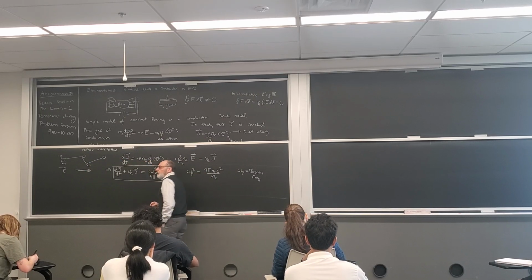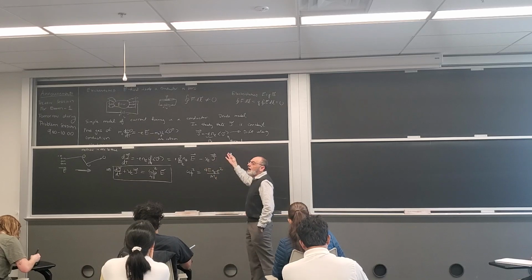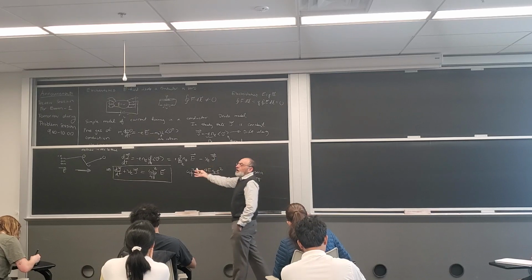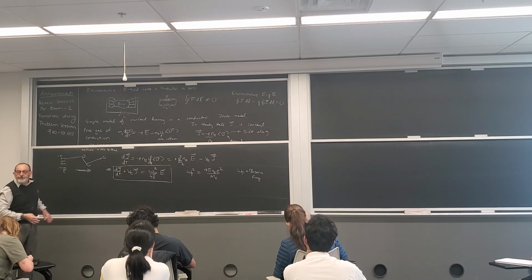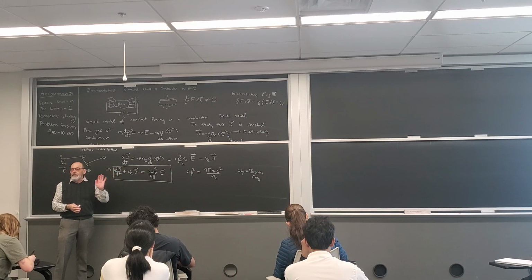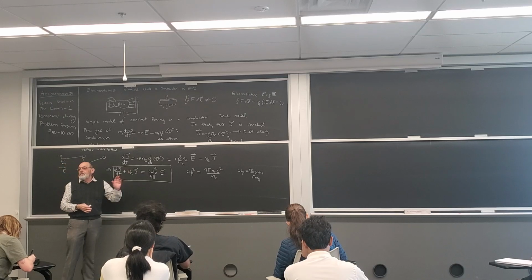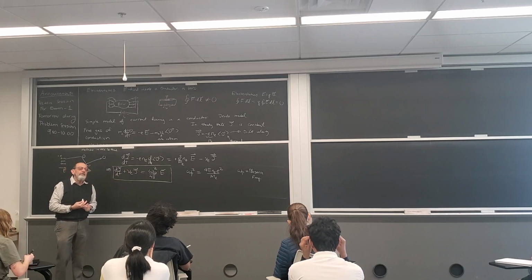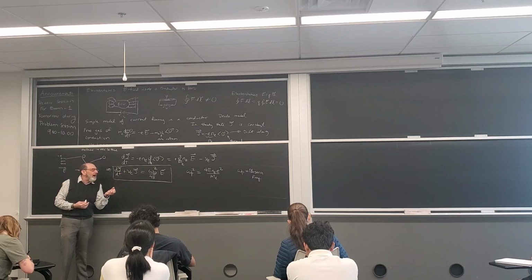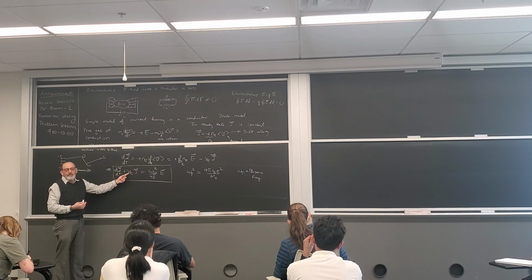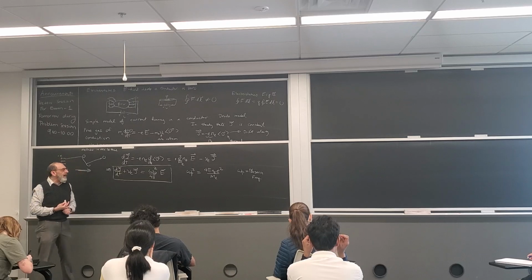So this, in the Drude model, is the simple equation of motion for how current flows in a material with a finite amount of conductivity, and the amount of conductivity depends on this rate of collisions, the drag force.